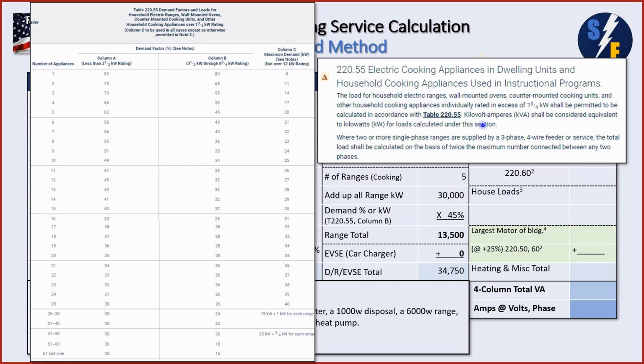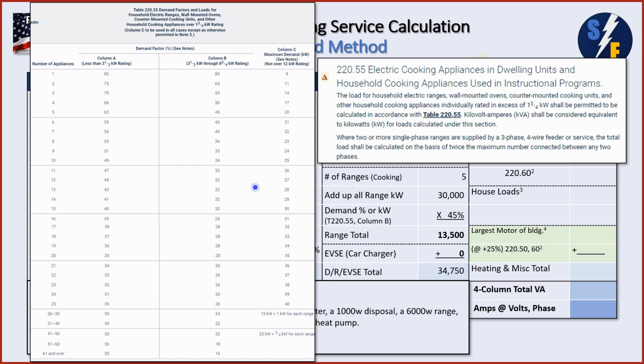It says kVA shall be considered equivalent to kW for loads calculated under this section. Okay, no big deal. So this table 220.55 confuses a lot of people. It's not really that complicated, but it is kind of lengthy and there is quite a bit to it. But once you figure out their methodology, it really is kind of simple. But let's see how we're going to use it in this case.